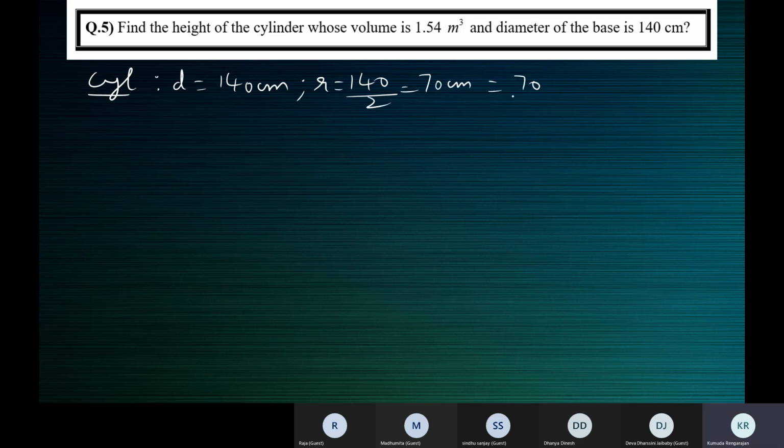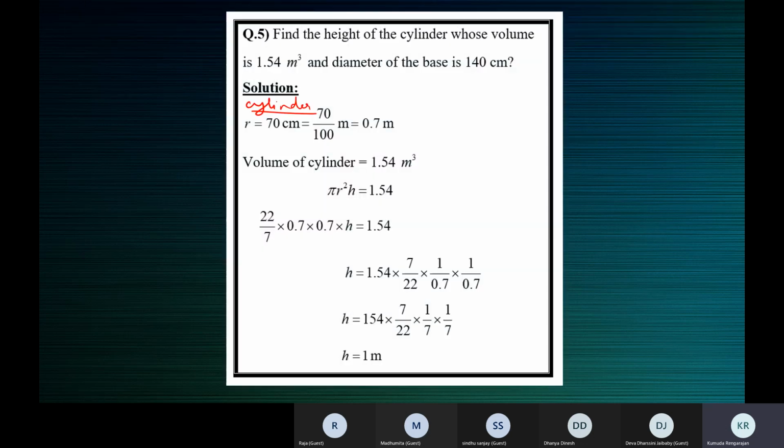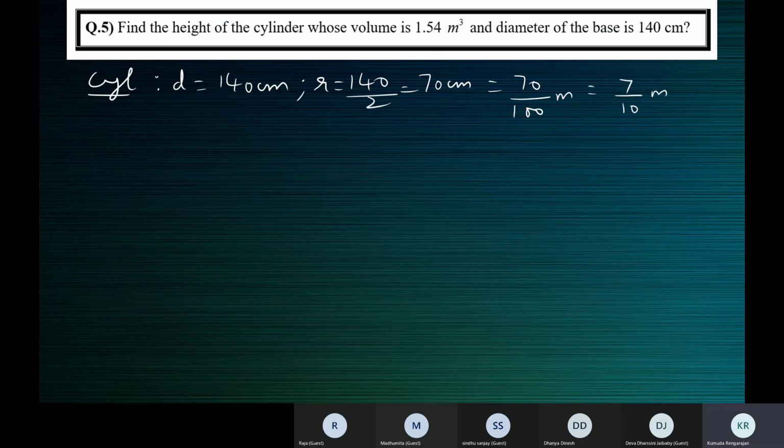That is equal to 70 by 100 meters, which is 7 by 10 meters. You can have the 7 by 10 also, children. Don't have to convert it to 0.7. You can take a screenshot of this answer also and go through it. You can have it as 7 by 10 or 0.7.